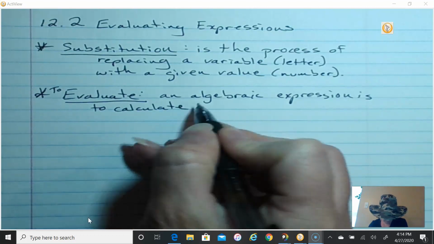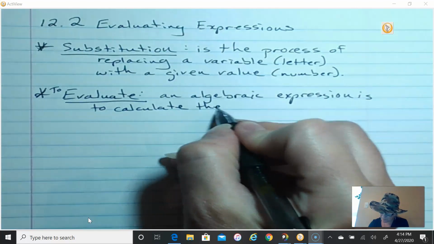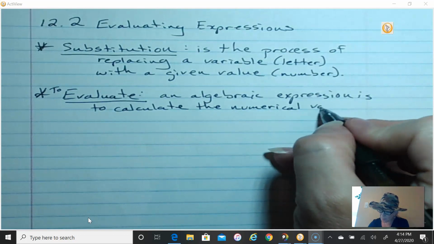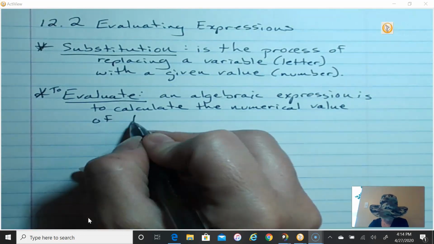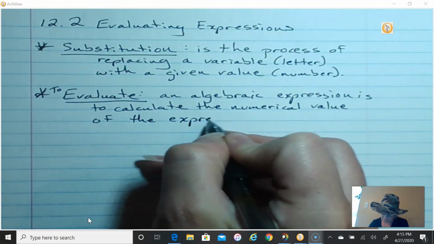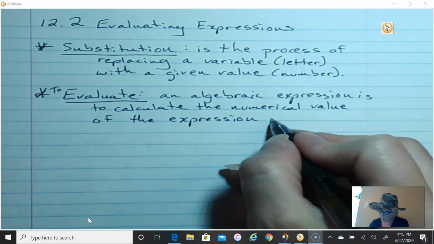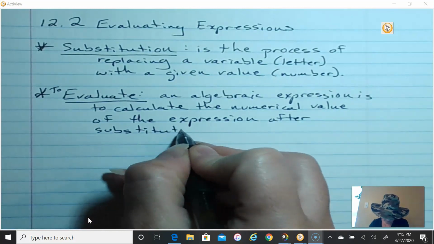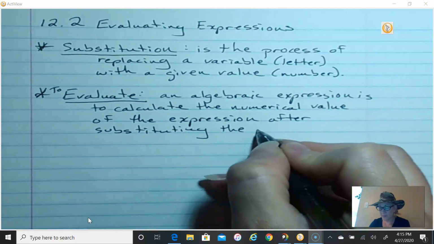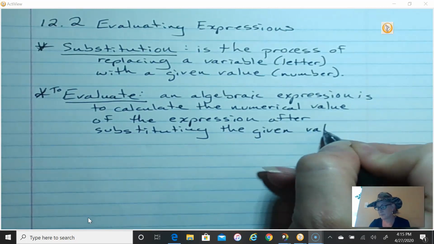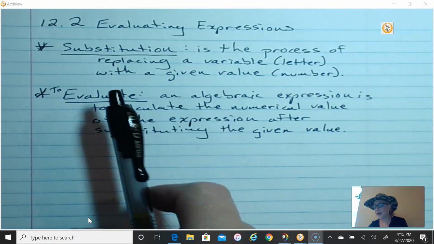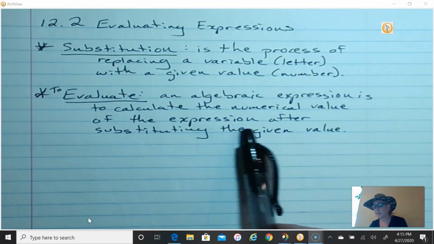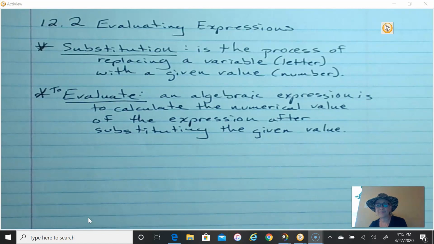Calculate the numerical value of the expression after substituting the given value. So to evaluate an algebraic expression is to calculate the numerical value of the expression after substituting the given value.